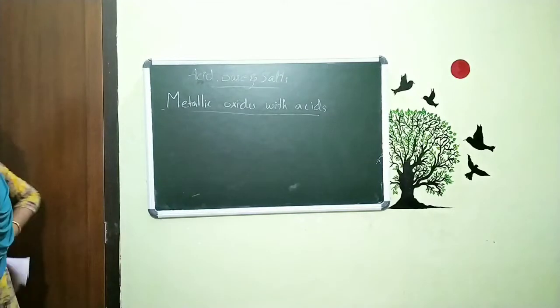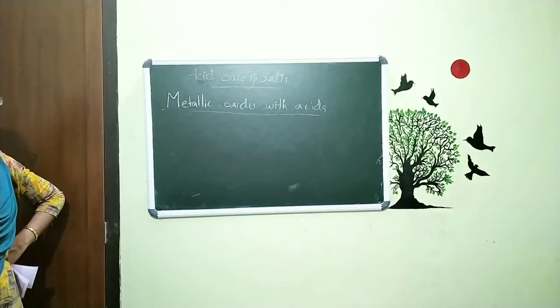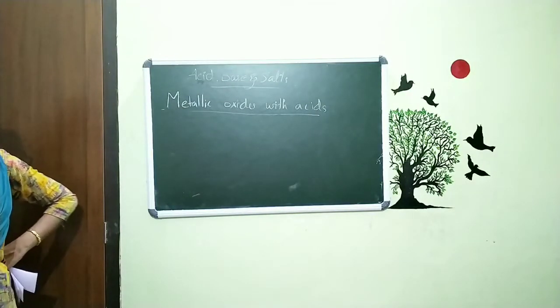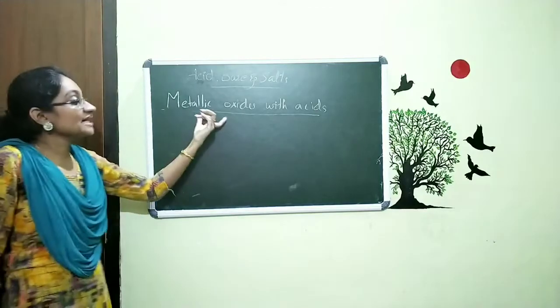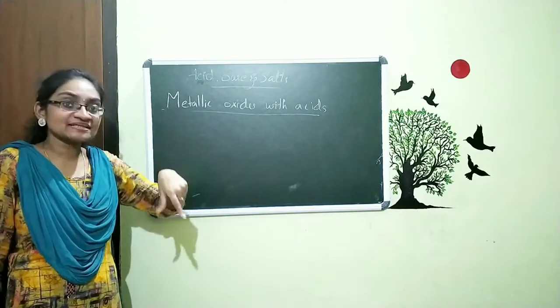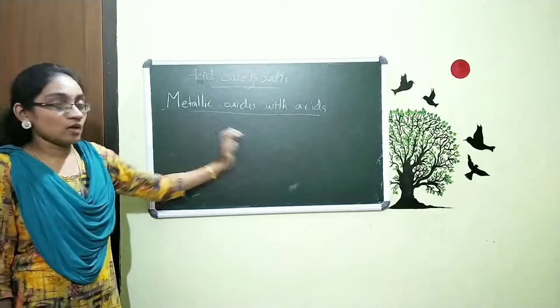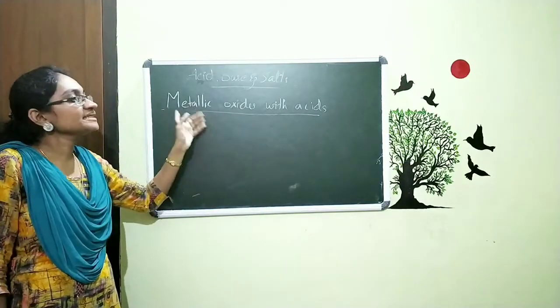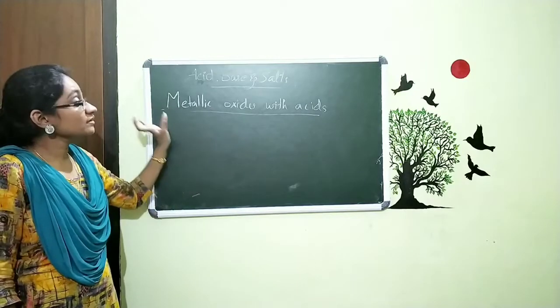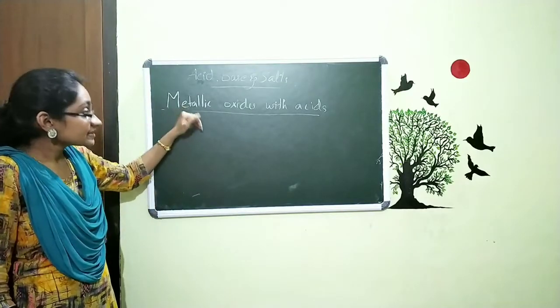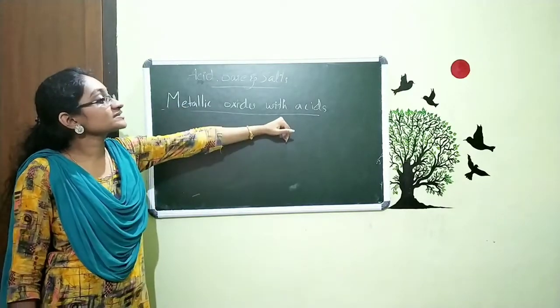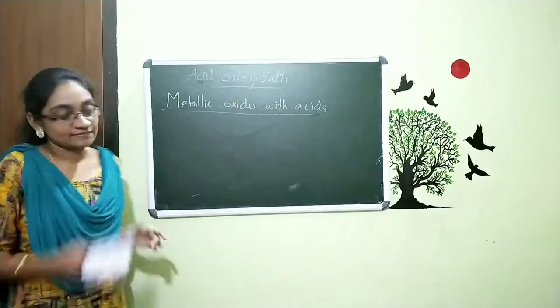What are metallic oxides? You are already familiar with metallic oxides. We discussed them in the chapter on metals and non-metals. When we react a metal with oxygen, we get what? Metallic oxide.